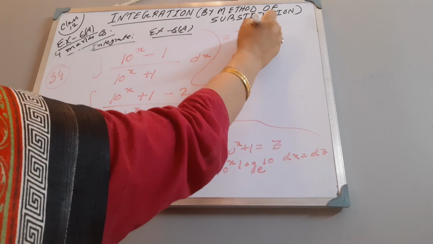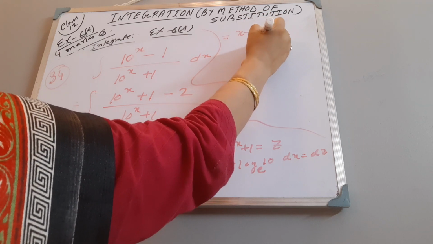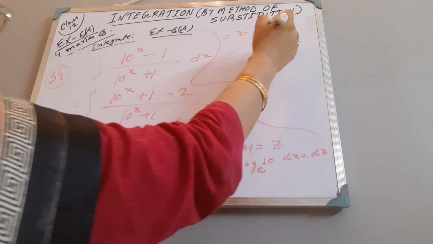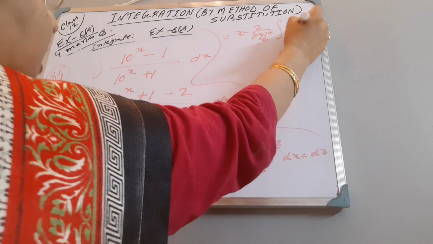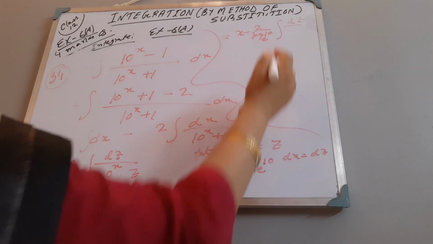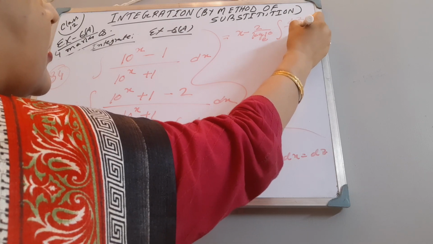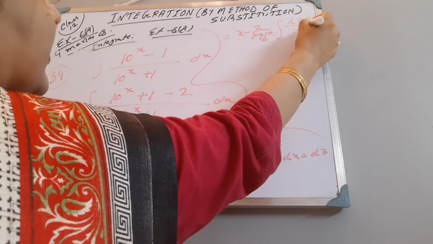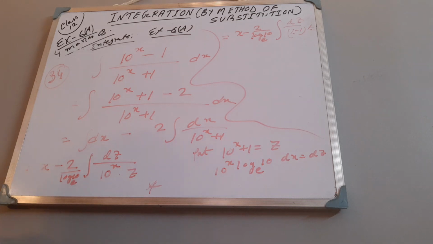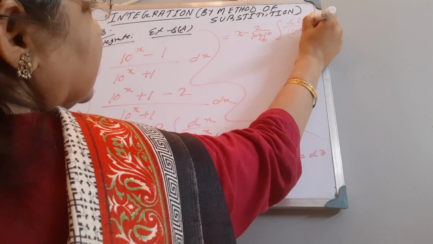x minus 2 by log 10 to the base e integral dz, and 10 to the power x means z minus 1. So write here z minus 1 into z. Z minus 1 into z.